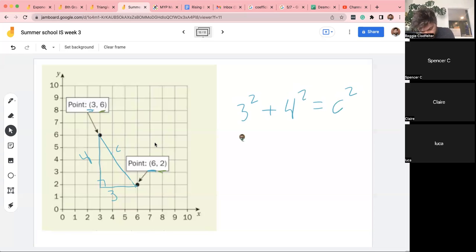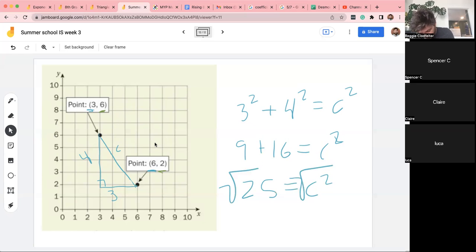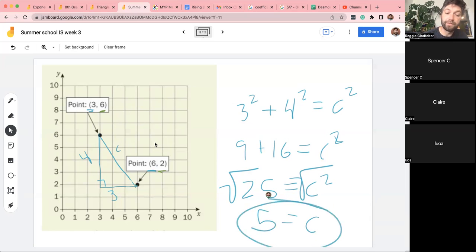So 9 plus 16 equals c squared, and 9 plus 16 is 25, so c squared equals 25. Then I can square root, and c equals 5. That tells me that the distance between my 2 points is 5 using the Pythagorean theorem.